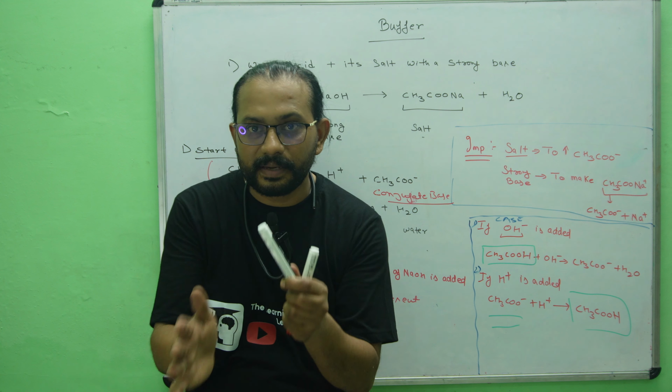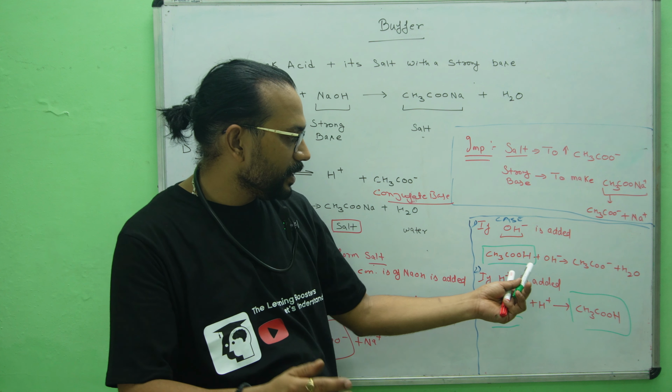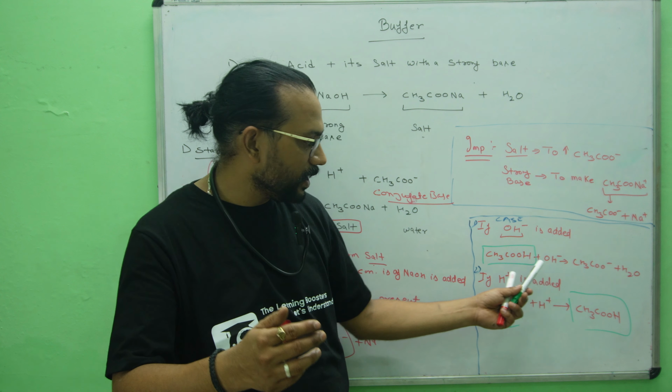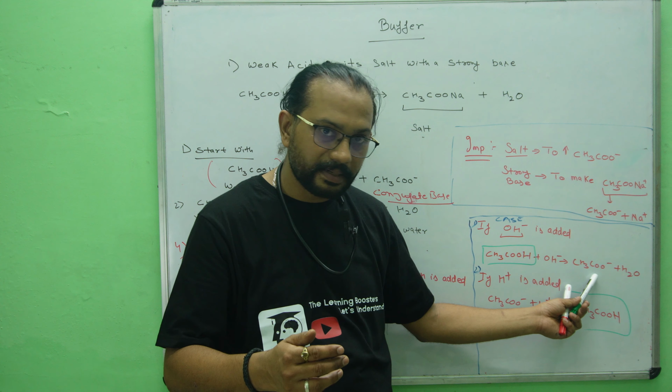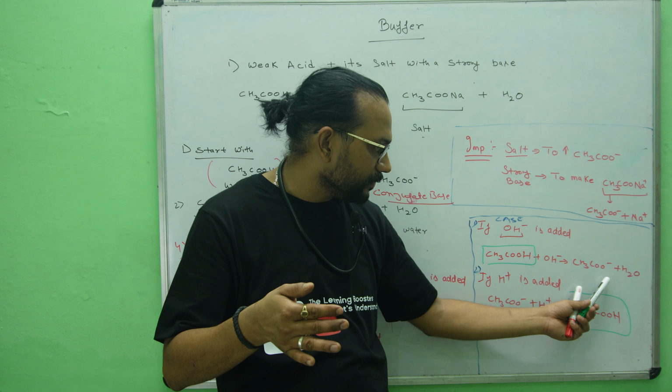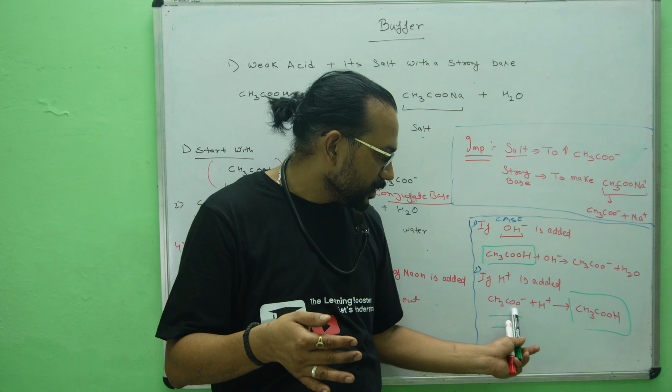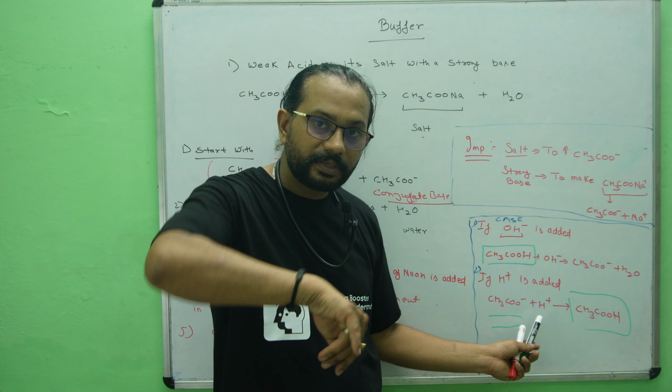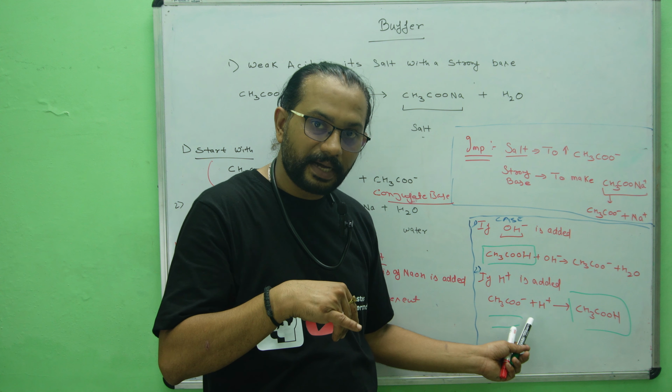The pH is balanced: if OH− is added, it is converted into acetate ion plus water, and if more hydrogen ion is added, it is converted into the weak acid. The left side and right side balance should be there, and equilibrium should be maintained.